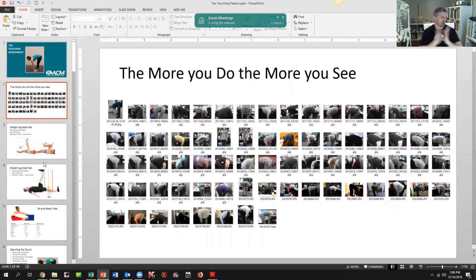And so I wanted to say the toe touch pattern is a huge assessment to use, and I really encourage you guys to start using it as often as possible so you can get comfortable with seeing a lot of different things. And you're going to start finding that these corrective exercises have an influence in just about all of those.